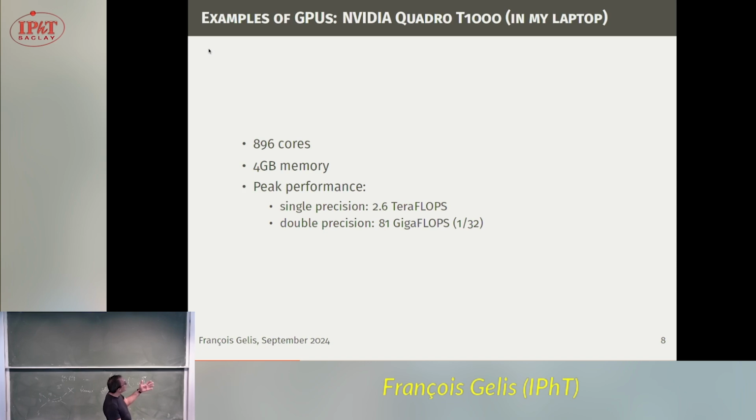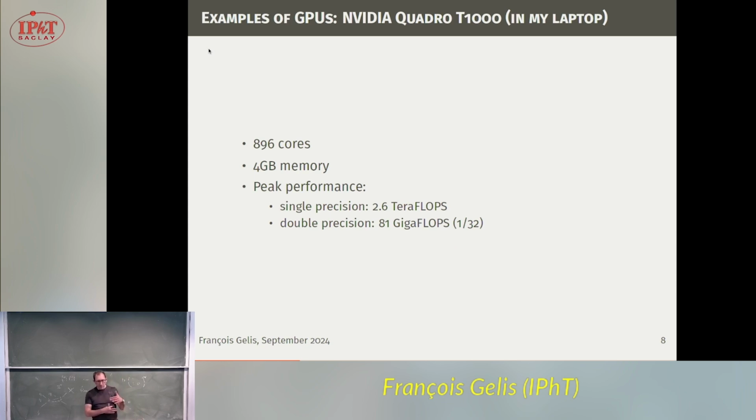So now I will list a few types of GPUs that are commonly available these days. This one probably is a little old nowadays. It's the one on my laptop. It has almost 900 cores, 4 gigabytes of memory, and the peak performance in single precision is 2.5 teraflops, so 10 to the 12 instructions per second. And in double precision, it's only 81 gigaflops.